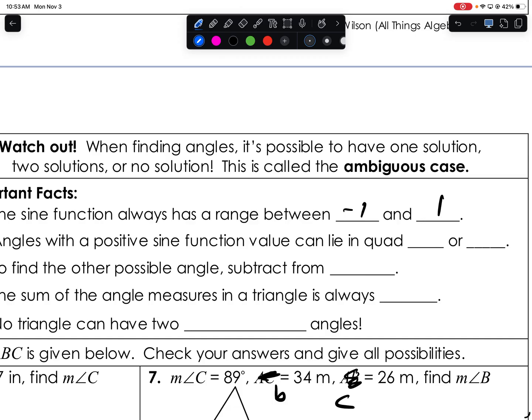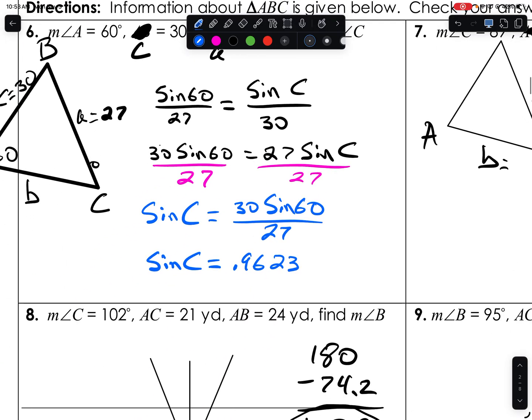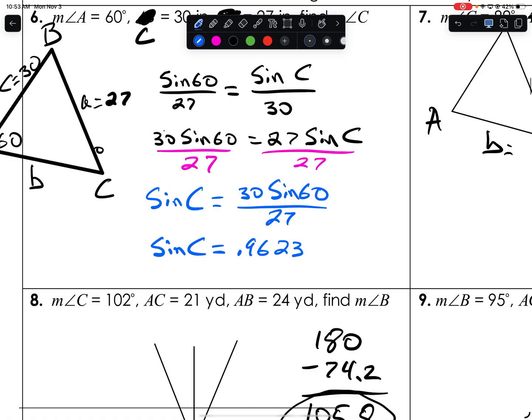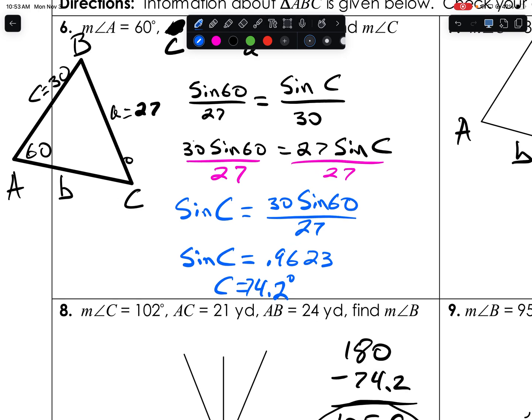No triangle is possible if you get a decimal smaller than -1 or bigger than +1. So this one works, and when we did inverse sine of that, we got C equals 74.2 degrees. Don't forget the little degrees. It's a super irritating half point off for you, and I will write haha next to your paper to rub it in.